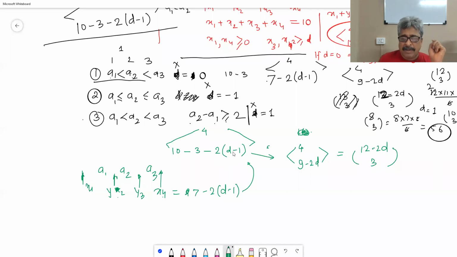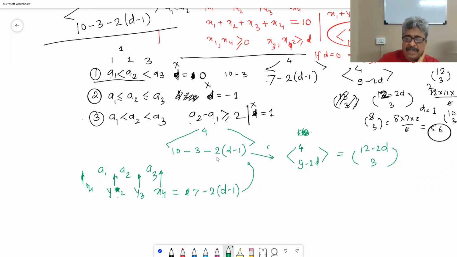These many chairs are remaining. That is our RHS of the x1 plus y2 plus y3 plus x4 equation, and hence the answer is 4 elbow 10 minus 3 minus 2 times d minus 1, which happens to be 4 elbow 9 minus 2d. In choose notation, it is 12 minus 2d choose 3.